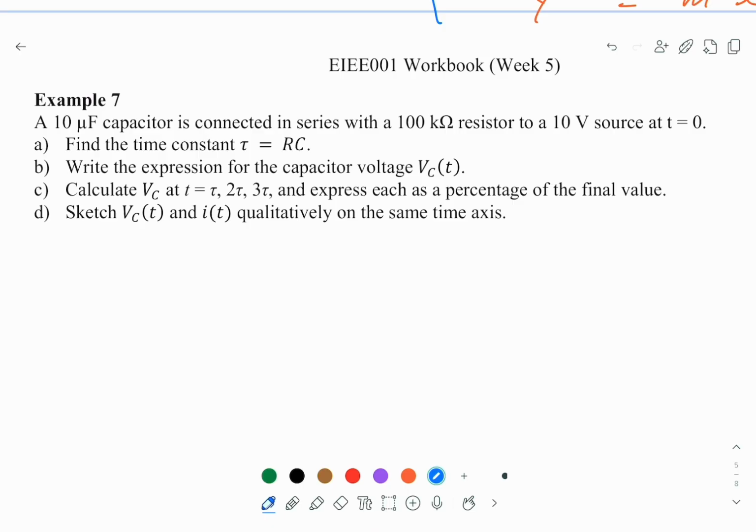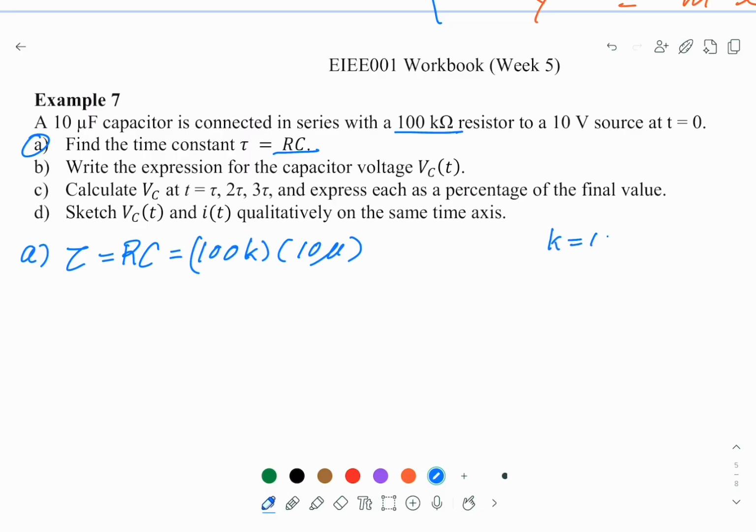Let's look at this example. A, find the time constant. So tau, the time constant, RC, R is 100K, C is 10 mu. So again, K is 10 to the power 3, mu is 10 to the minus 6.